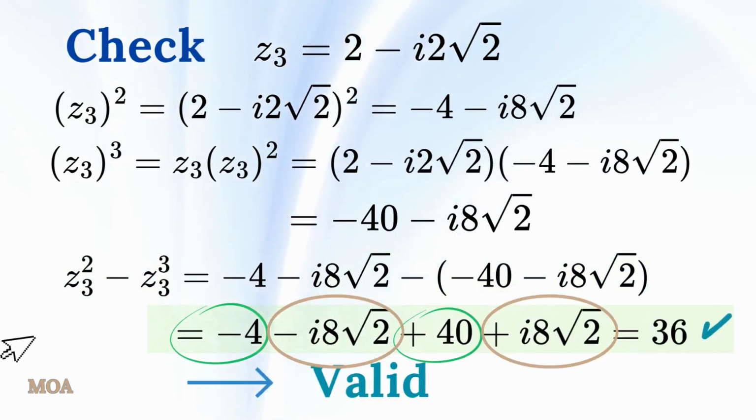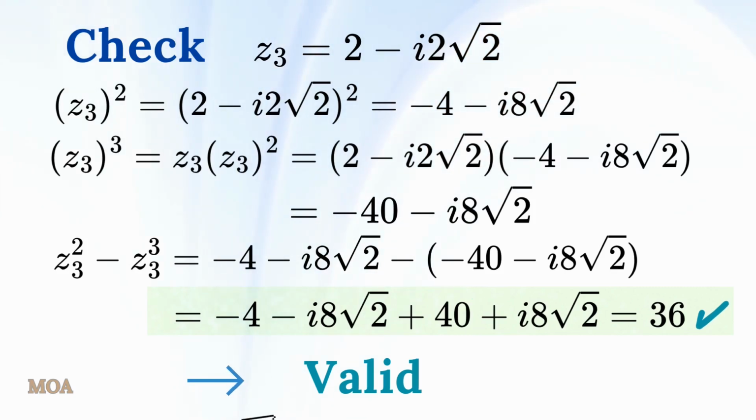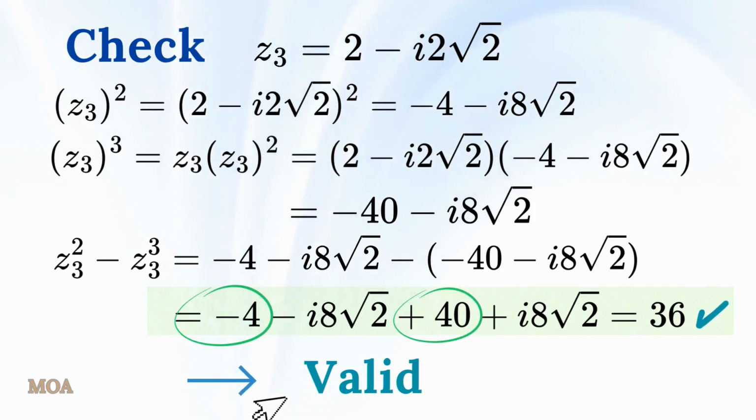Since the complex terms cancel out, this yields negative 4 plus 40, namely 36. So the second complex root is also a valid solution.